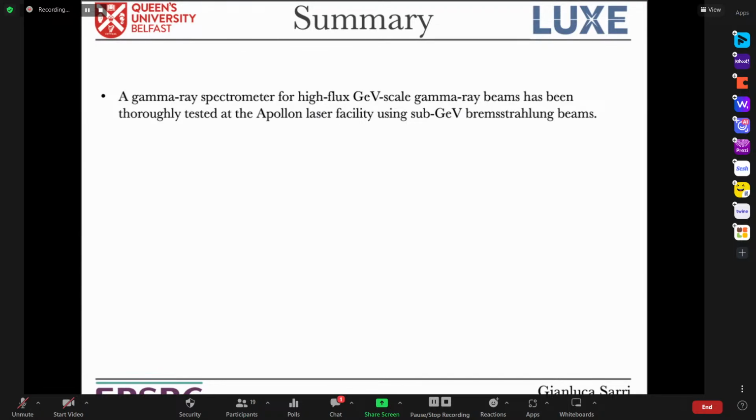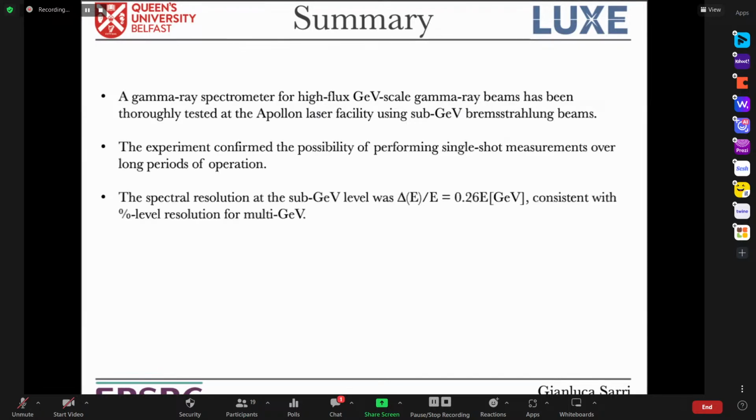And it could also be used for future photon-photon experiments where you use Bremsstrahlung radiation and laser fields to generate pairs. The experiment confirmed the possibility that this could be used on a single shot, so it's insensitive to shot-to-shot fluctuations, and also it can be run for long periods of operation, as expected, for instance, for LPHYS. So it allows you to acquire high statistic data.